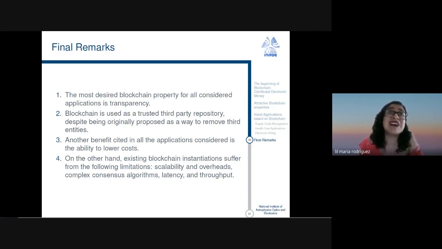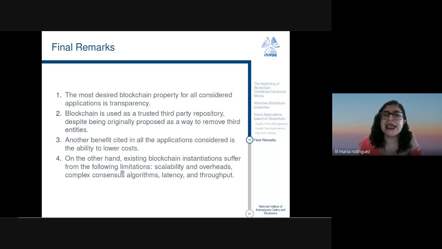Indeed, it's very expensive. So how is it that we want to lower cost with something that is very expensive? Well, we have to argue about it, right?